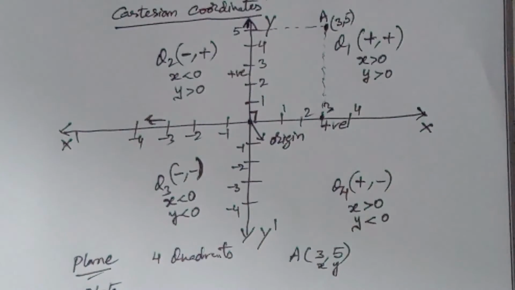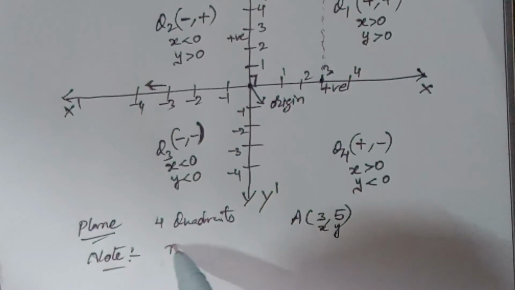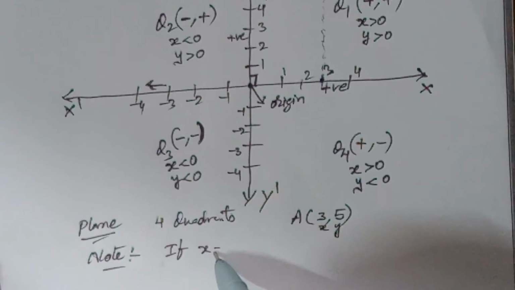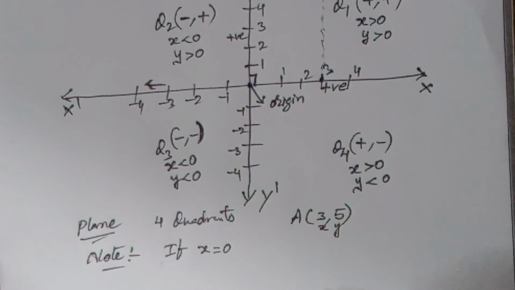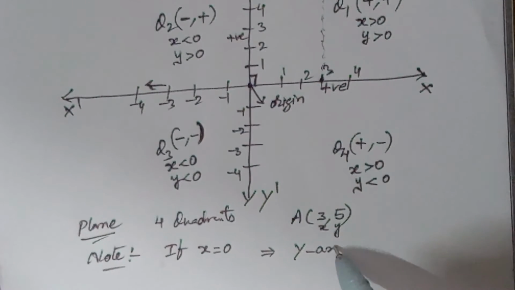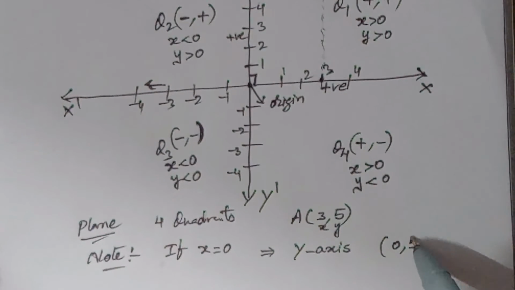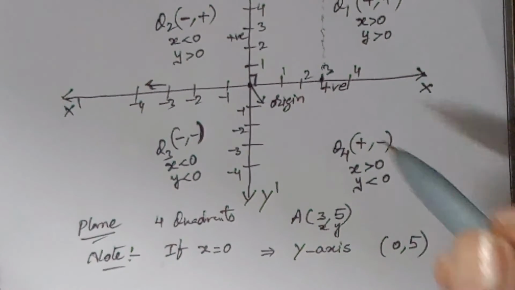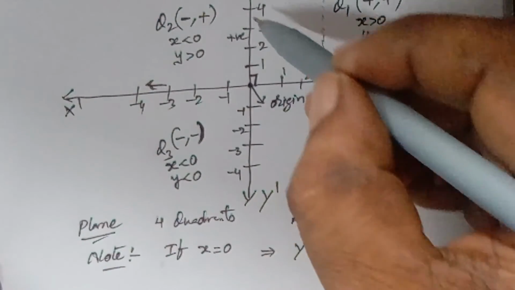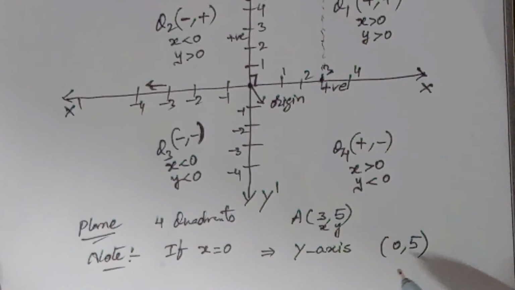Now here you have to note one point. If the x value is 0, the point lies on the y-axis. Suppose you have (0, 5): here the x value is 0 and y is 5, so the point lies on the y-axis.